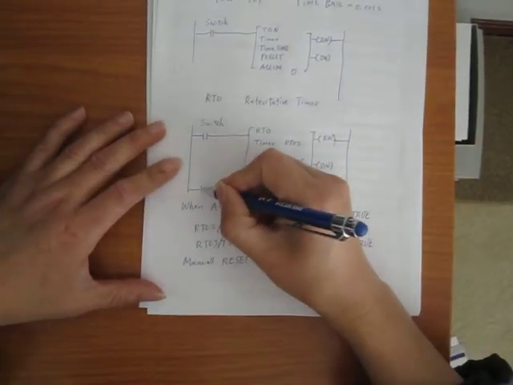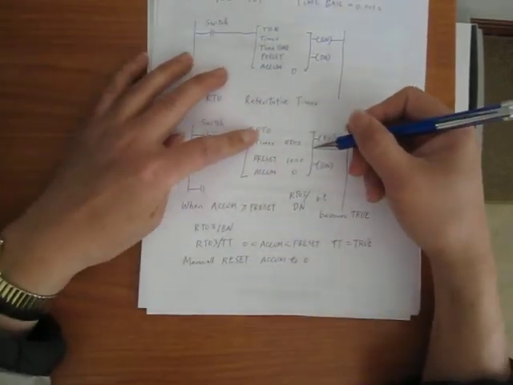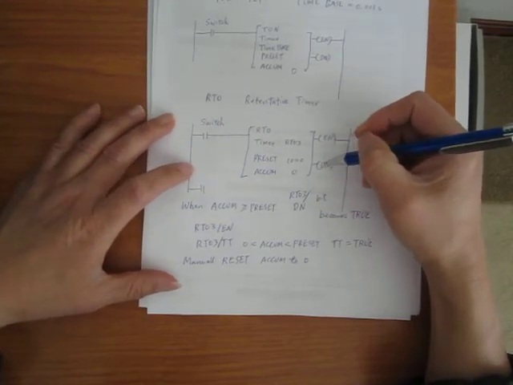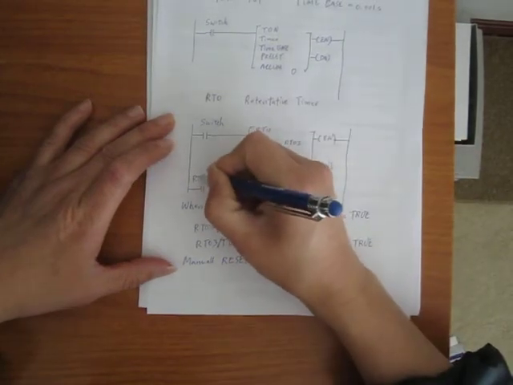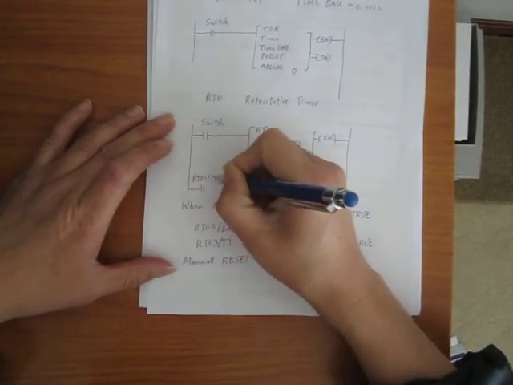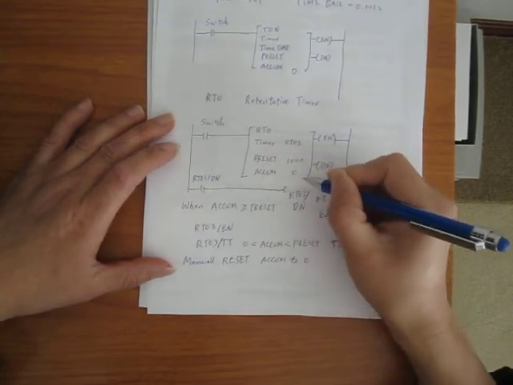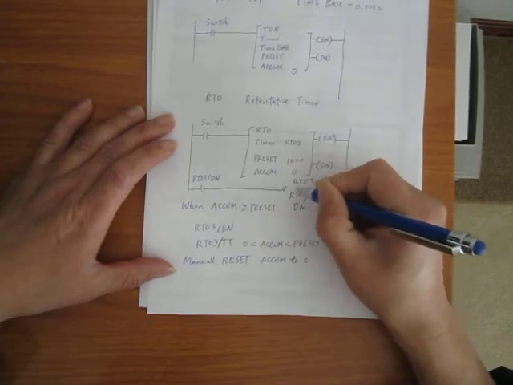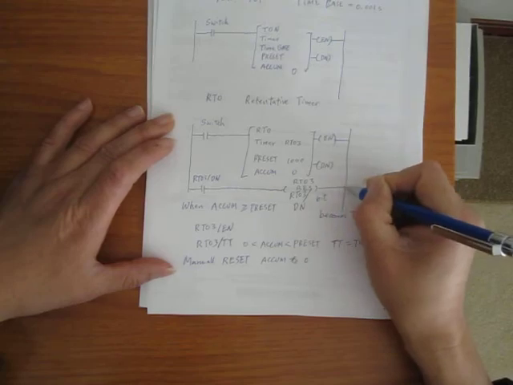Let's say I have another switch, or you can use this RTO bit. Let's say when this RTO3 DN is true, I'm going to reset this RTO3. I'm going to use the RES function here.